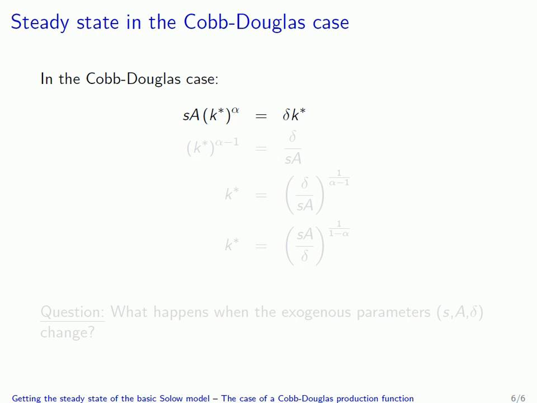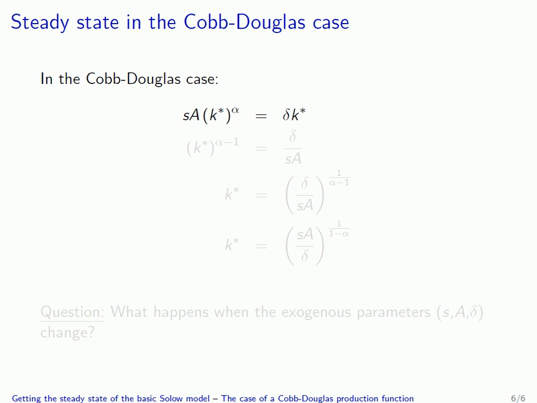So everything we need to do is isolate k star, put k star on one side of the equation and all the rest on the other side. The best way to do this is to divide by sA, because we want to get rid of sA on the left-hand side, and also divide by k star, because we want to get rid of the k star on the right-hand side.